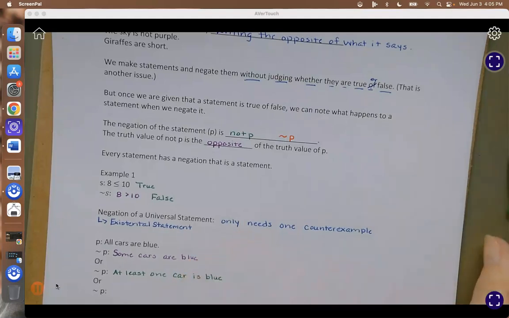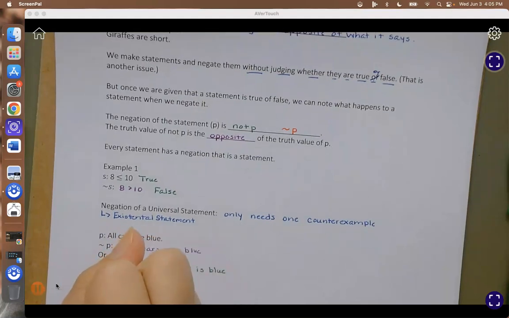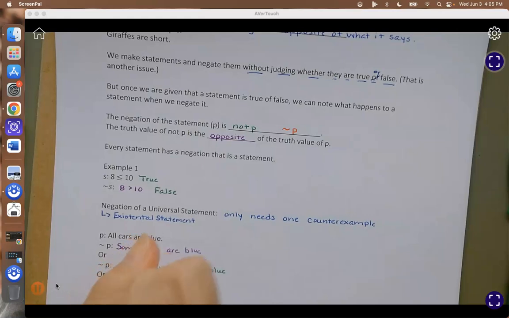And then we can go to the basic one. There exists a car that is not blue.